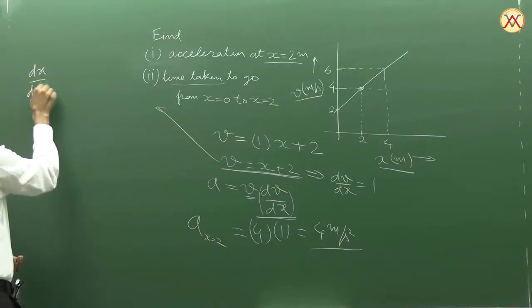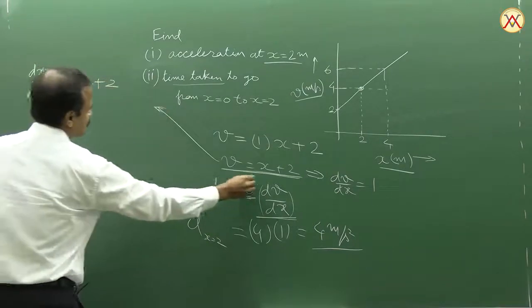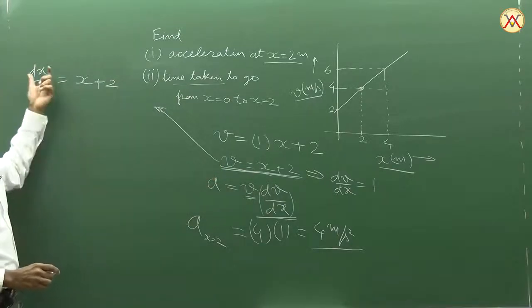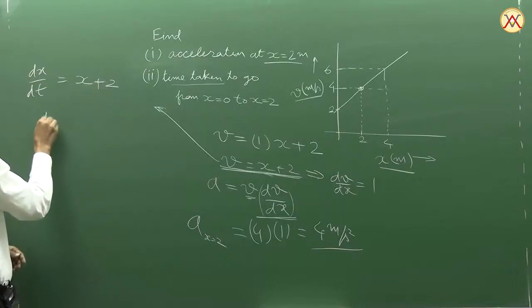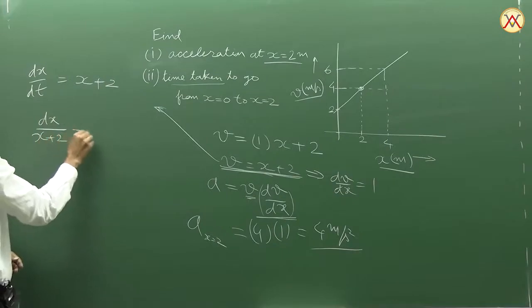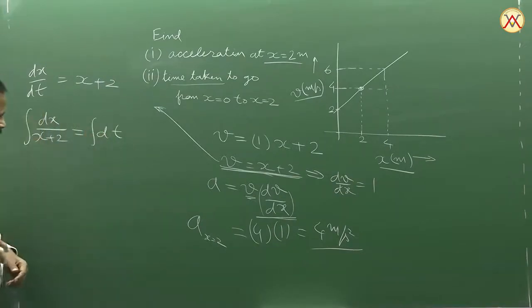So dx by dt is x plus 2. In this one, I have just replaced v by dx by dt. I can separate the variables: dx upon x plus 2 equals dt, and do the integral.